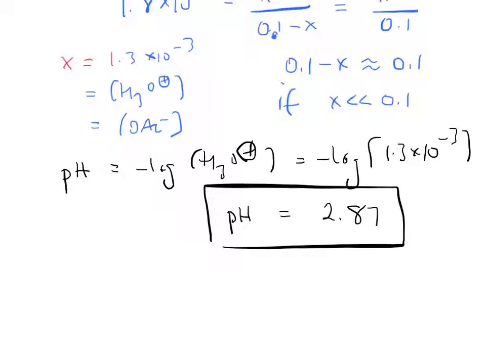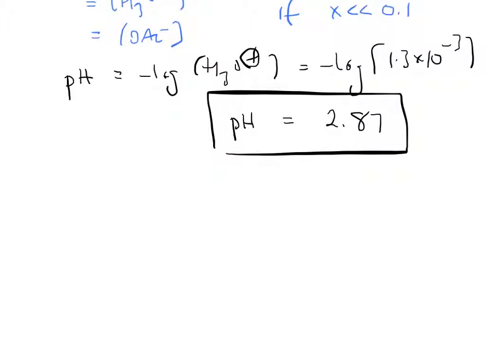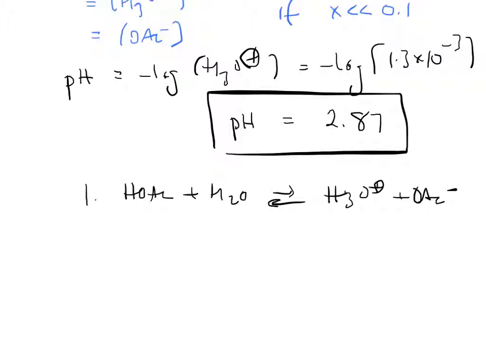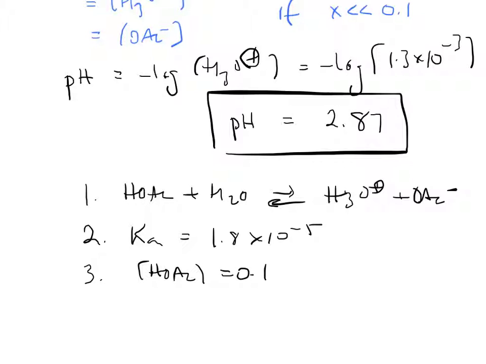So let's recap a bit. We started with an equilibrium: acetic acid plus water is in equilibrium with H3O plus and OAc minus. The equilibrium constant for this reaction is called Ka, which for acetic acid is 1.8 times 10 to the minus fifth. We began with the concentration of acetic acid, HOAc, at 0.1 molar.